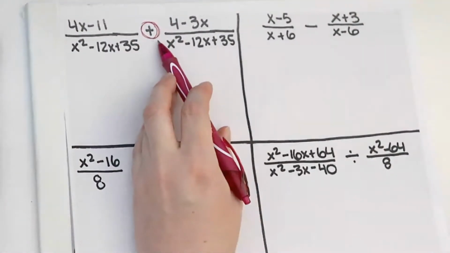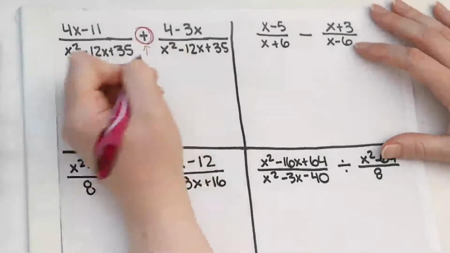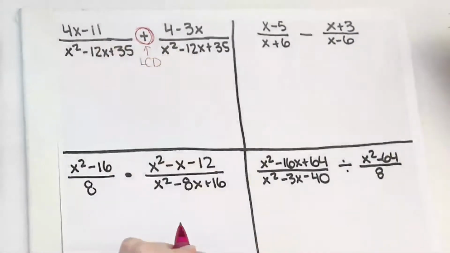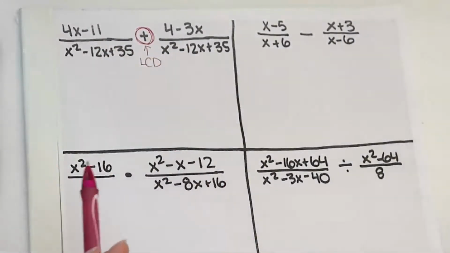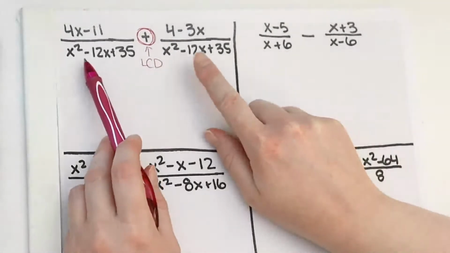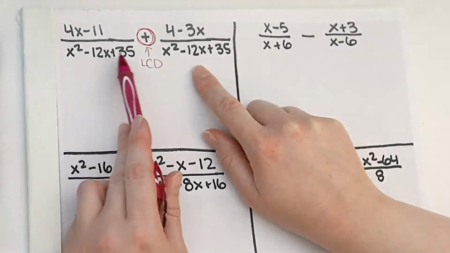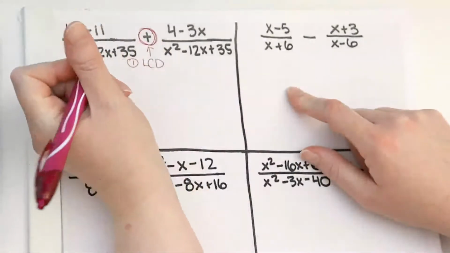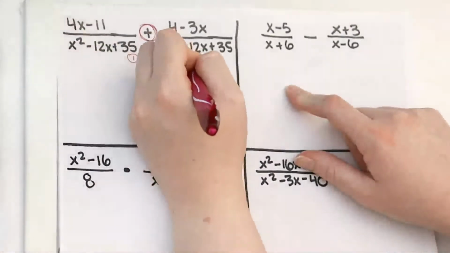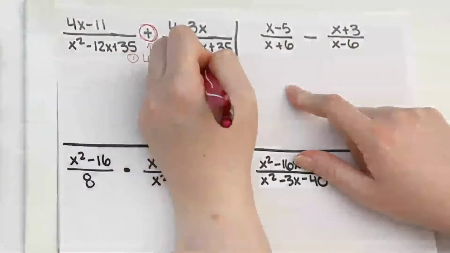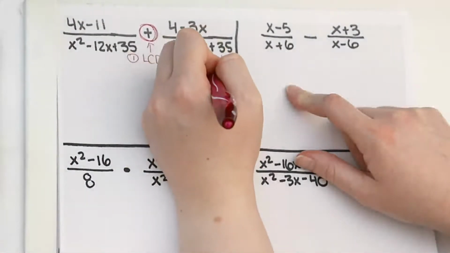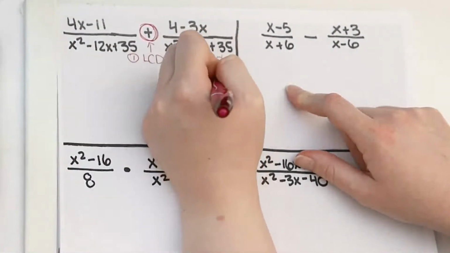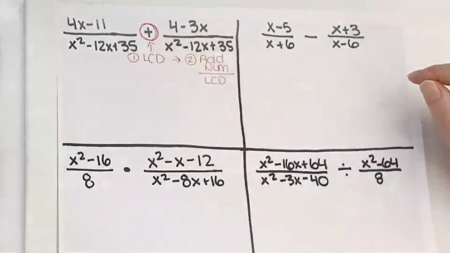When you're adding two fractions, you need to get an LCD. In this particular problem, you already have an LCD: x squared minus 12x plus 35. Because you have an LCD, you can go straight to step 2, where you add the numerators together and write that over your common denominator.